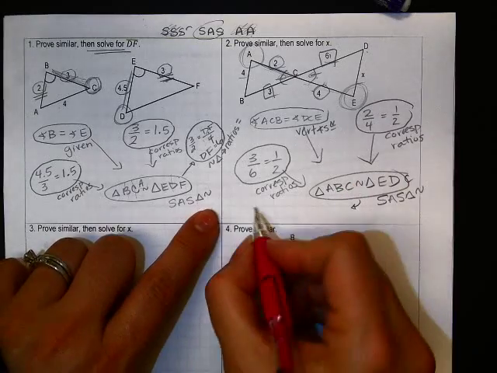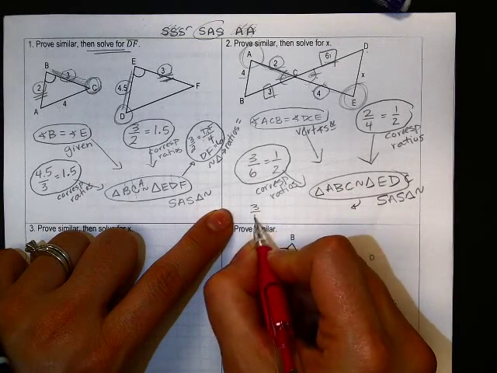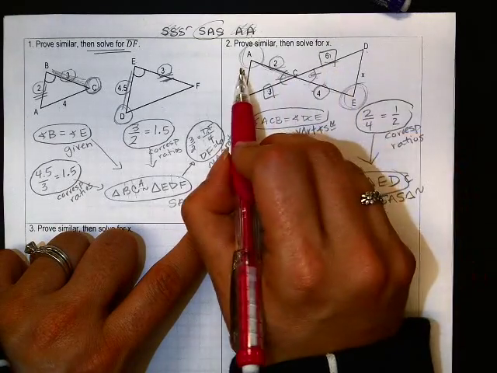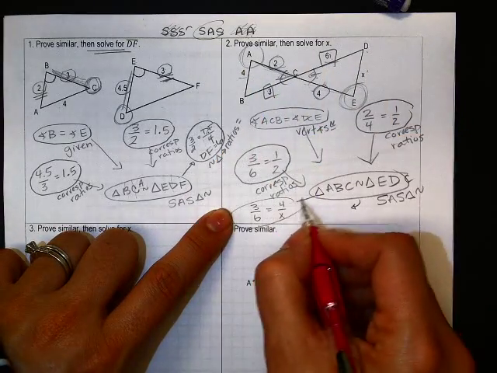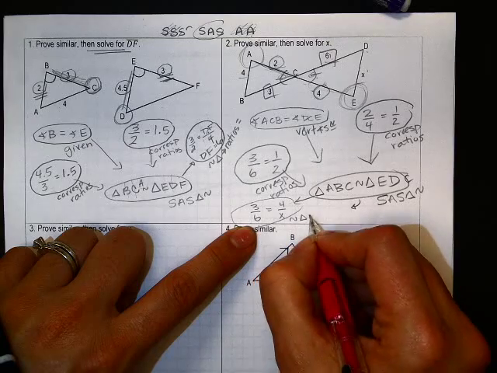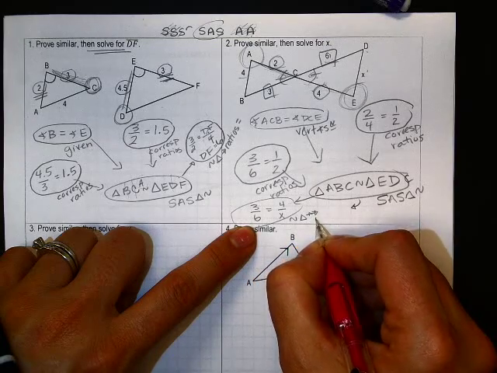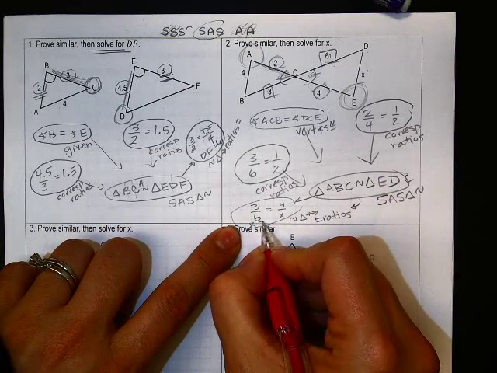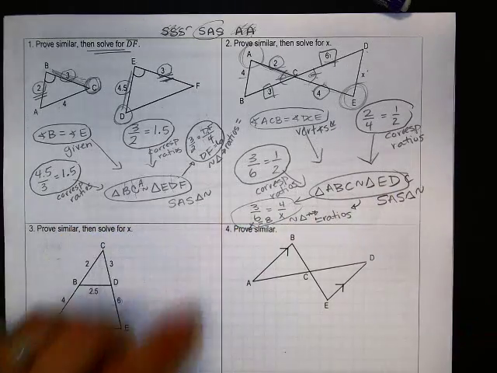Now that I have that, I can say 3 is to 6 as 4 is to x. I get to do that because similar triangles give us equal ratios. And then x will equal 8 when I'm done.